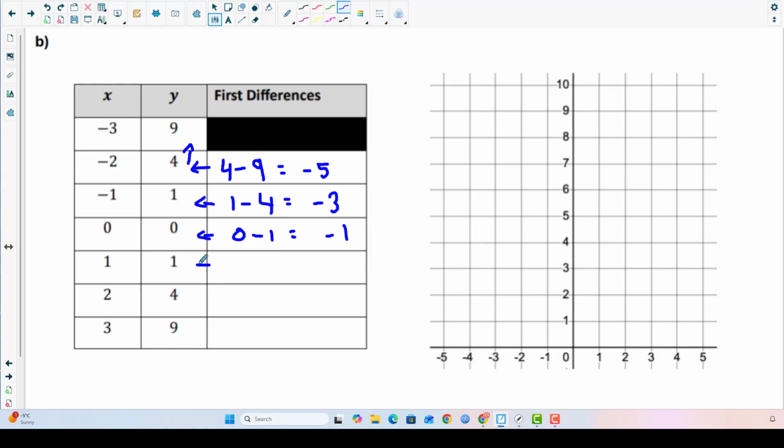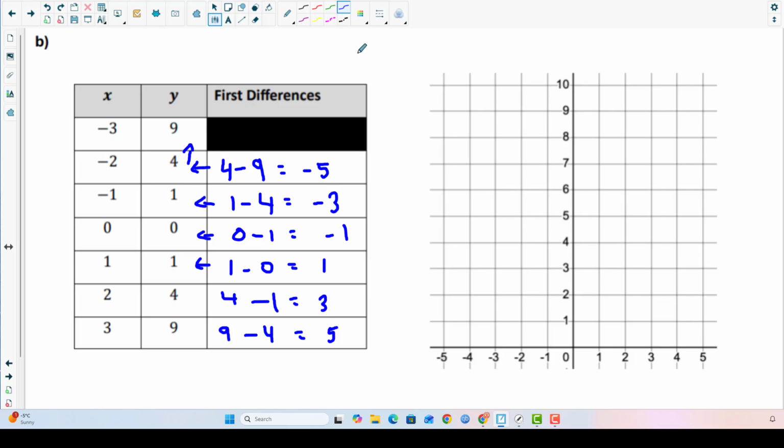Now we have 1 minus 0, which is 1. 4 minus 1, which is 3. And 9 minus 4, which is 5. Clearly, you can see that the first differences are not constant. So this table of values does not represent a linear relationship.